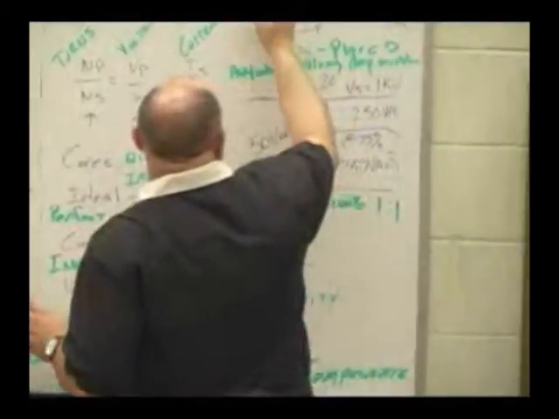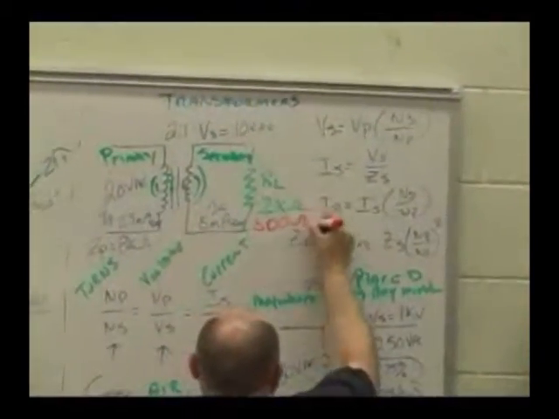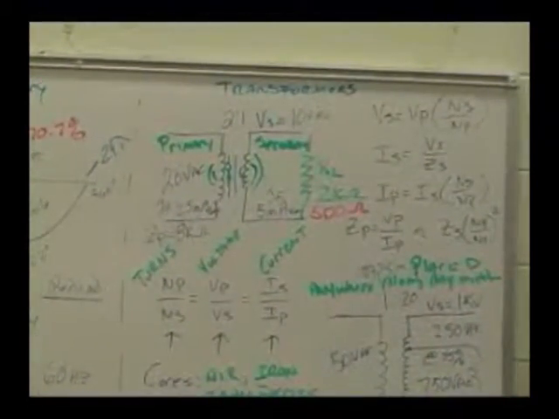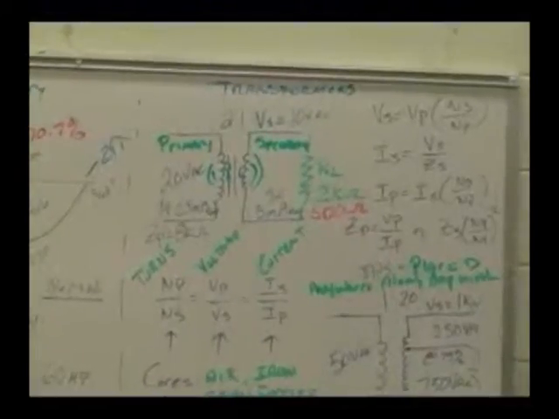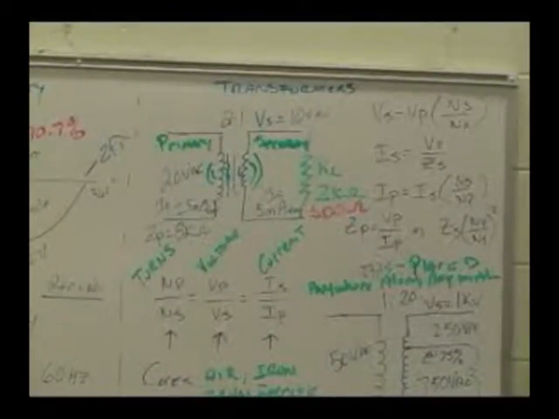Let's make that thing like 500 ohms. So first off, before we even solve anything, if I decrease the load, the secondary current's going to do what? Increase. Since the transformer is a self-regulating device, if the secondary current increases, the primary current's going to do what?